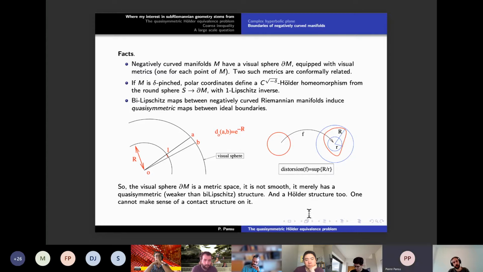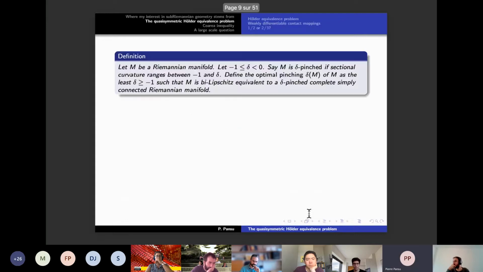Right. So let's continue with this idea of deforming the Riemannian metric on this model, complex hyperbolic plane, while keeping curvature negative and bounded negative. So again, I say a negatively curved manifold is delta-pinched if the curvature varies between -1 and delta. Delta is negative.